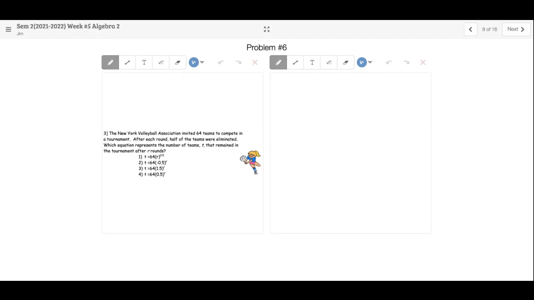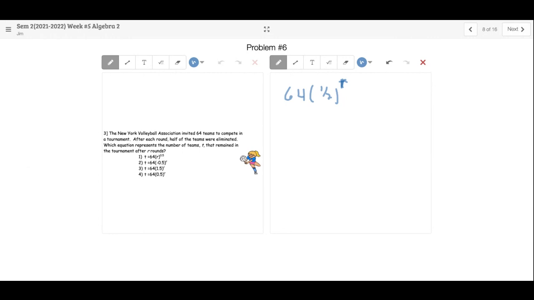If I was going to write an equation for this, the first thing I think about is, where do I start? I started with 64 teams. What is the ratio? Well, it's going down, so I could put 1/2 here to the t power. It said, which equation represents the number of teams, t, that remain in the tournament after r rounds? Well, I should have used r here because that's the number of rounds.